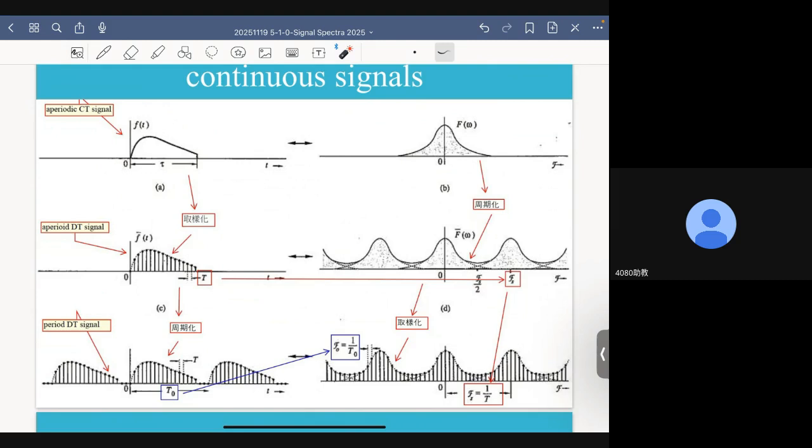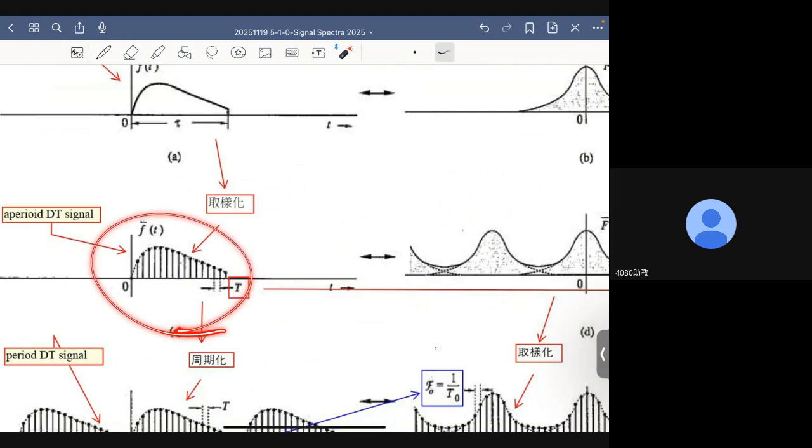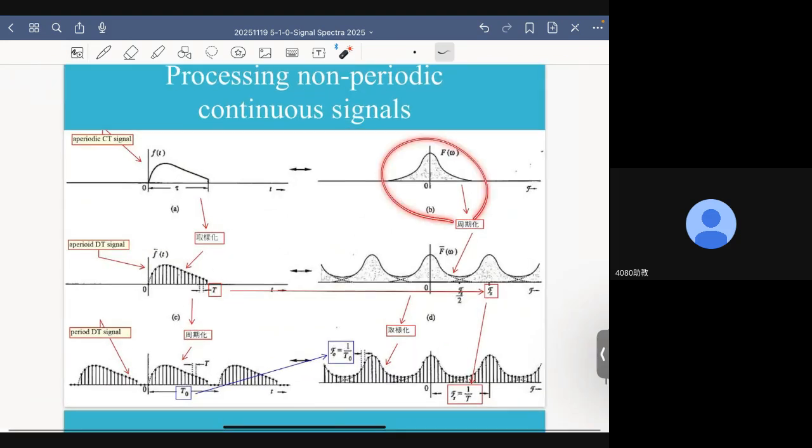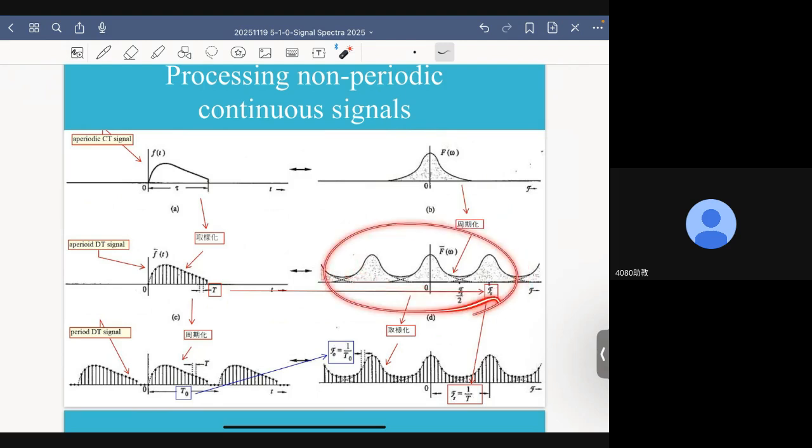So the first thing I need to do in order to process the signal using my digital hardware is to perform the sampling operation. Once I perform sampling, the spectrum becomes a periodical signal in the frequency domain.